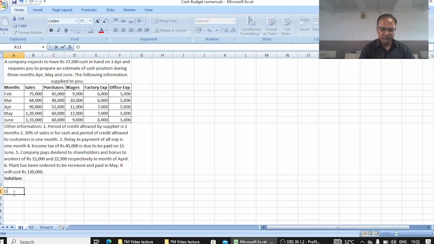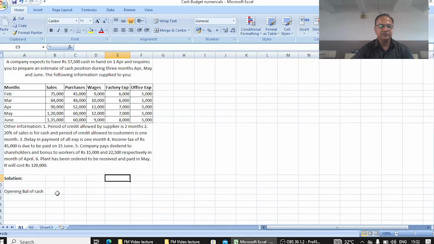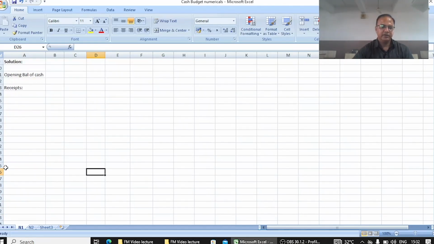Here we have the opening balance of cash, then receipts, and here payments.